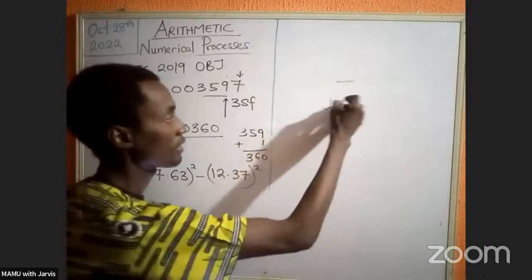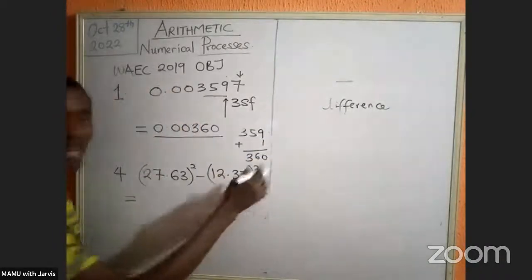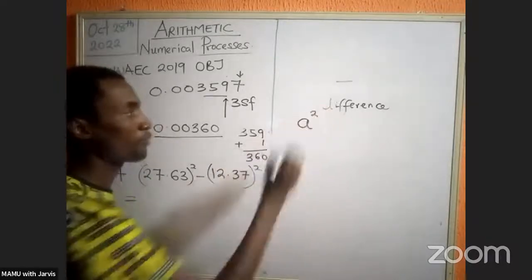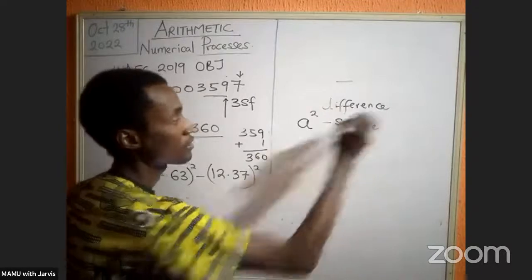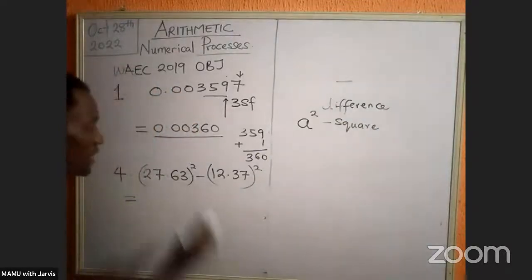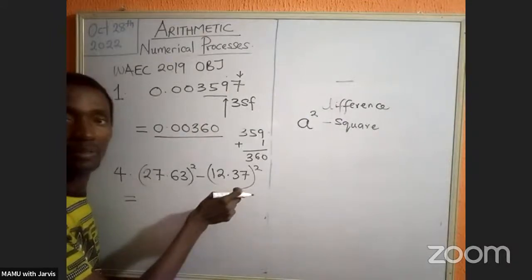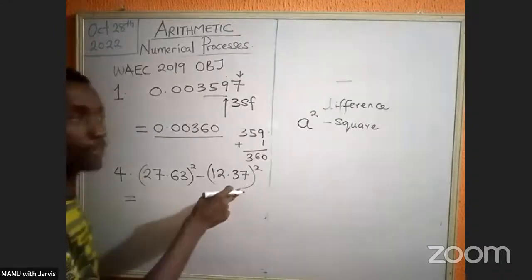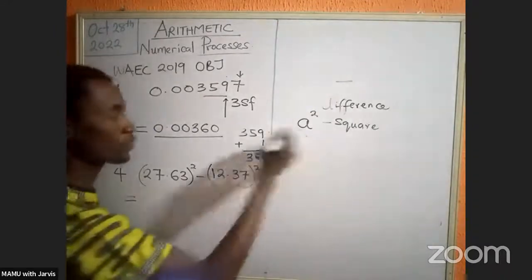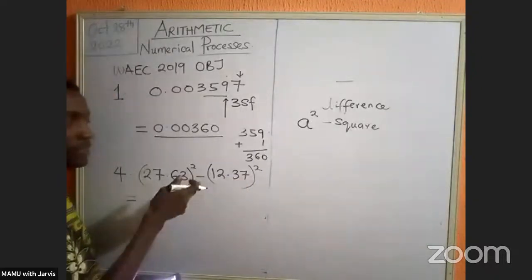Difference. And then a number to a power of 2 is what? Square. So I'm seeing squared here. Take away, good, that's fine. That's beautiful. Tobe, thank you very much. Now, I'm seeing squared here, and I'm seeing difference here.